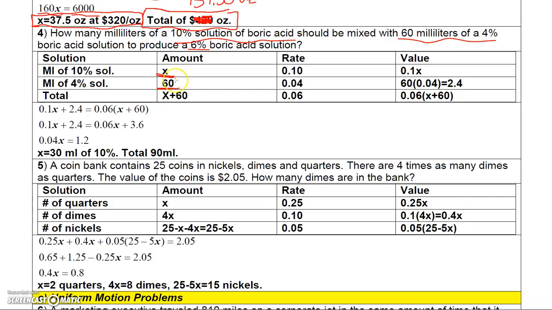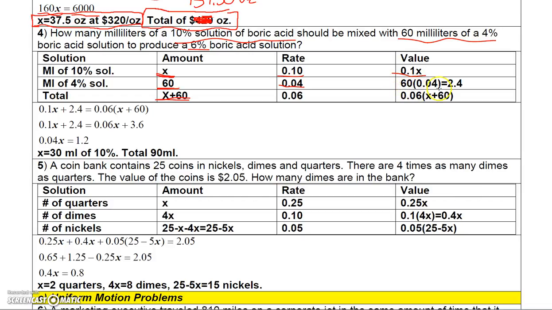And then, obviously, if we mix X milliliters with 60 milliliters, we're going to get X plus 60 milliliters. And now the rate: we know 10% of X is acid, so the total acid here would be 0.10 times X. Here we know 4% of the 60 has to be acid. You can easily calculate this.